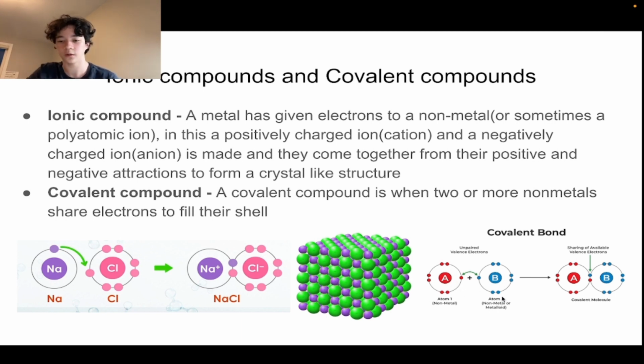B would just be overjoyed, he got his electron to fill his shell, but A is not benefiting from this. So as a way for them to both benefit, they come together and share the electrons. So A has 8 electrons and B also has 8 electrons. Now both their shells are full. We're both happy.